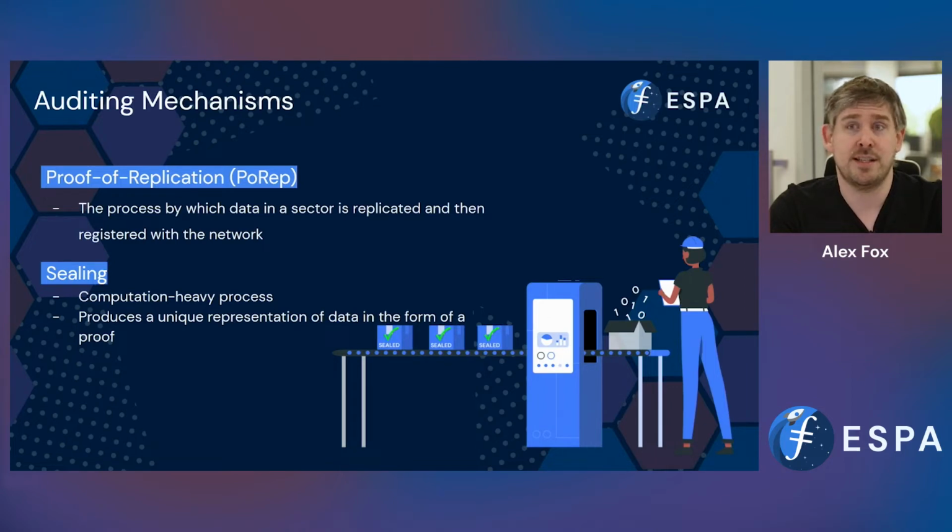Proof of replication is a procedure by which a storage miner can prove to the Filecoin network that they have created a unique copy of some piece of data on the network's behalf. So that's the data the client sent to us. We prove we've received it in one piece, and proof of replication therefore is used in the Filecoin system to generate the sealed data. It's the mechanism by which it happens.